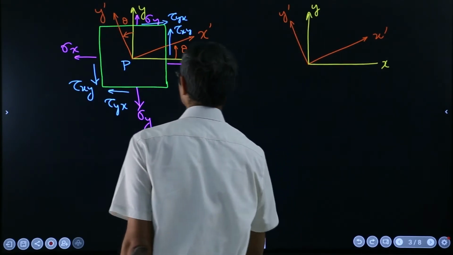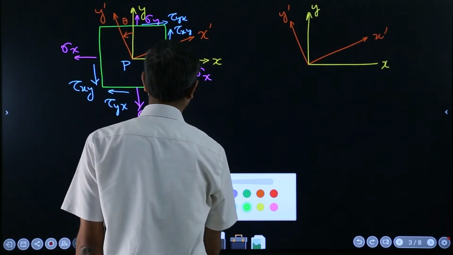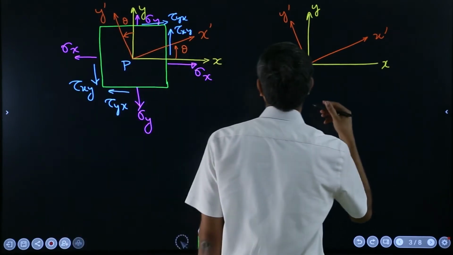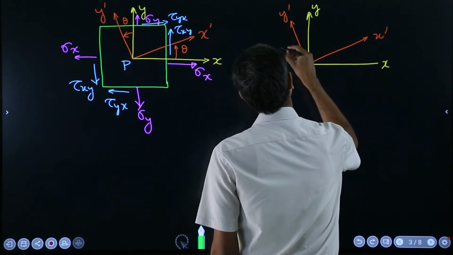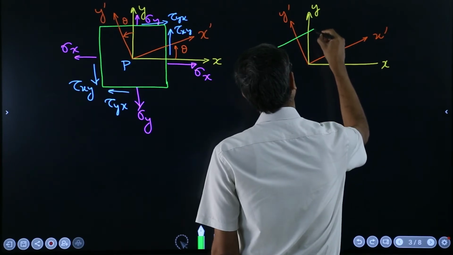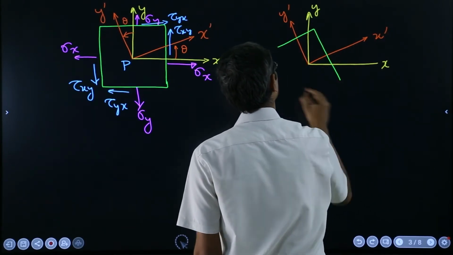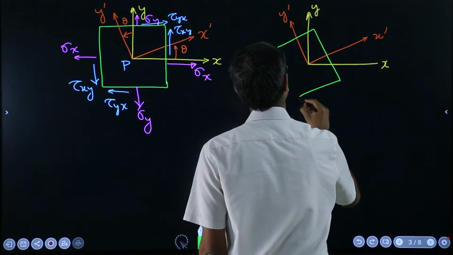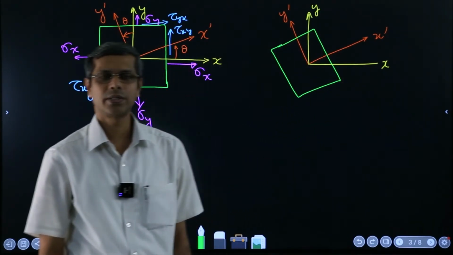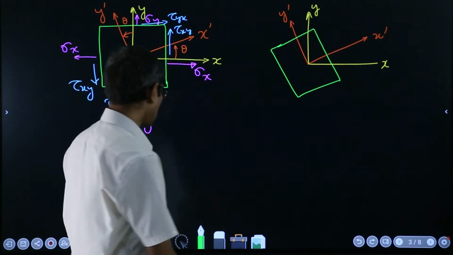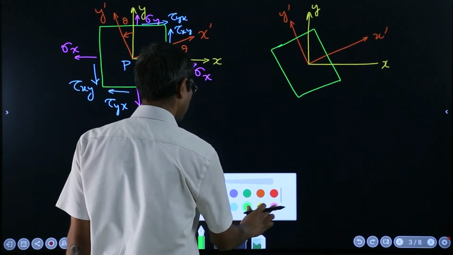And now, instead of this orientation of the elemental square, I will draw it in this way. Okay. So, this is my elemental square on which I will show the stresses again.